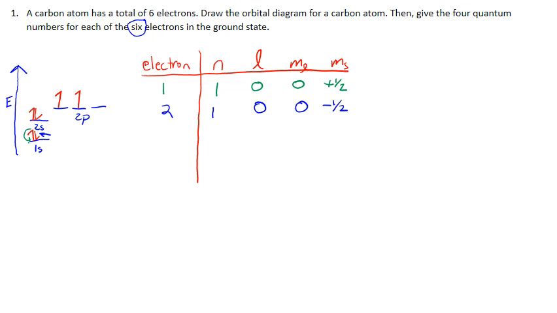Alright, try a different color. This will be electron 3 right there. Electron 3 is no longer in a 1s orbital, but a 2s orbital, so n is 2. l, since it's an s orbital, still has to be 0. m sub l, therefore, is still 0, and the spin is +1/2.